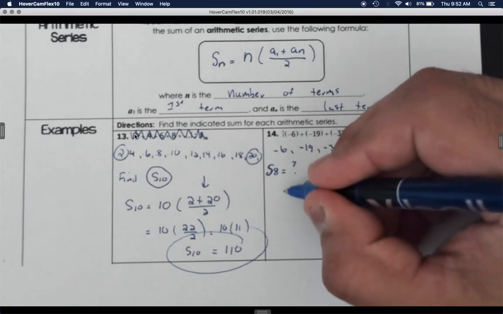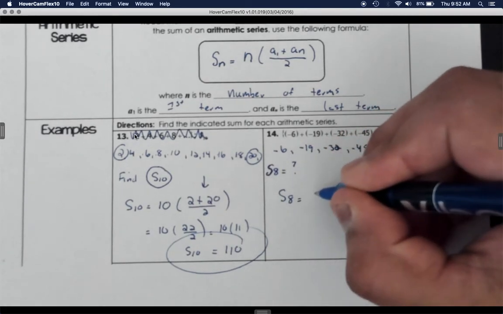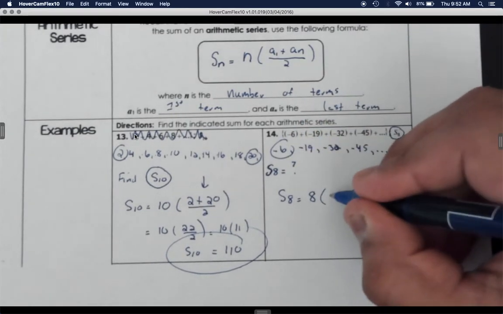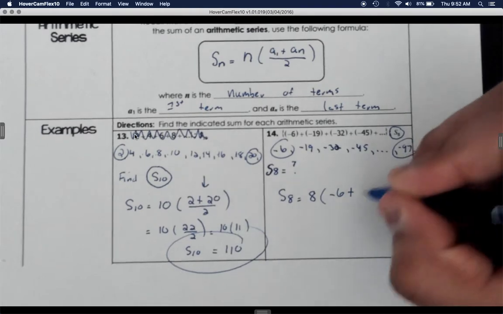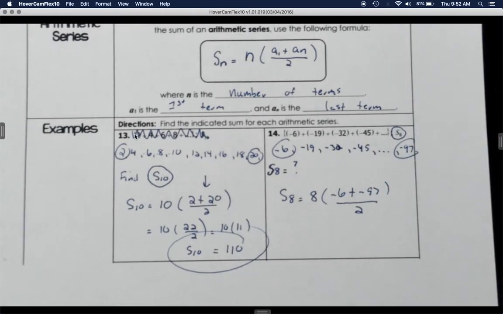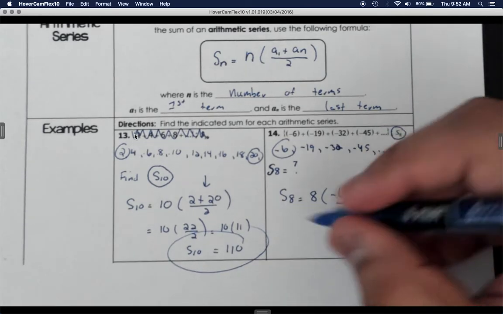So the sum of the first 8 terms is going to be equal to the number of terms I'm adding, which is 8, times my first term of negative 6 plus my last term of negative 97, all divided by 2. Now let's do the math.